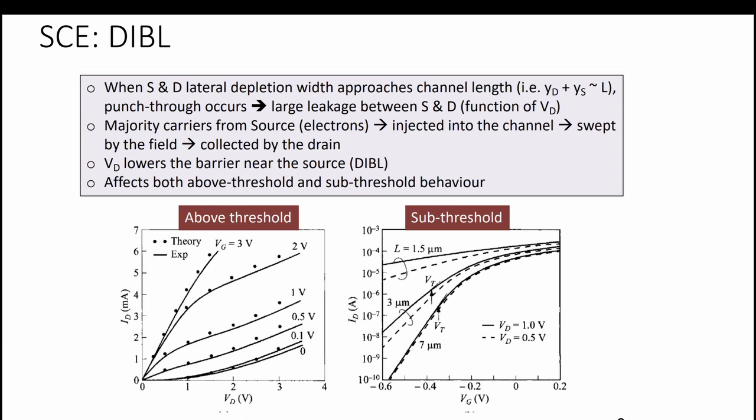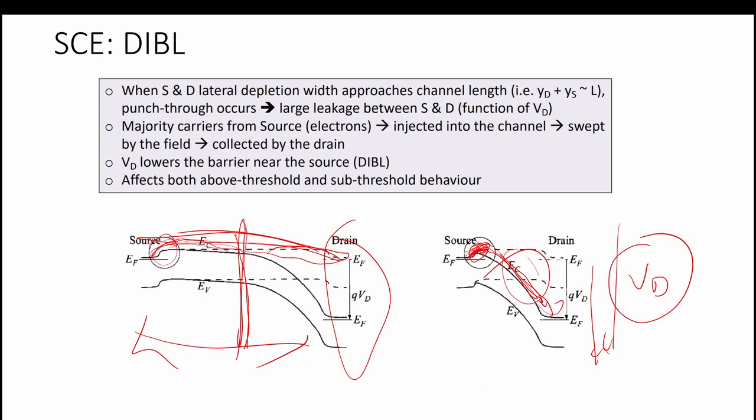And in drain induced barrier lowering, what is happening above threshold voltage? Initially the threshold voltage was higher, so it is coming down after applying the voltage, and after applying the drain voltage it goes a bit more down. So as we increase the drain voltage, electrons can go easily, there is a continuous conduction.